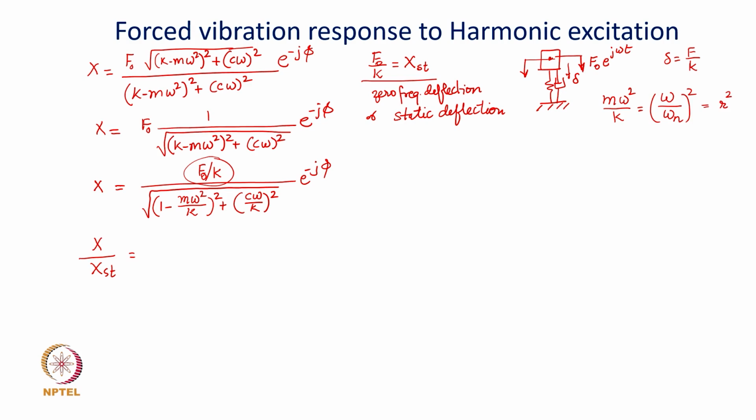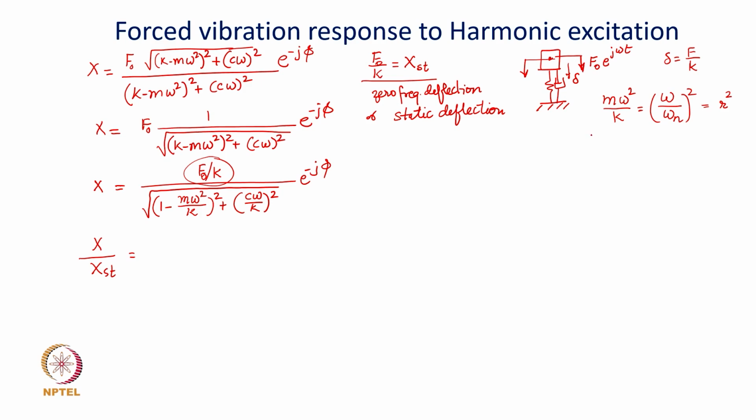R is the frequency ratio. Why? Because in the numerator you have an excitation frequency, in the denominator you have natural frequency. So, it is a ratio of two frequencies: one, the impressed external excitation forcing frequency, and in the denominator the undamped natural frequency of the system.